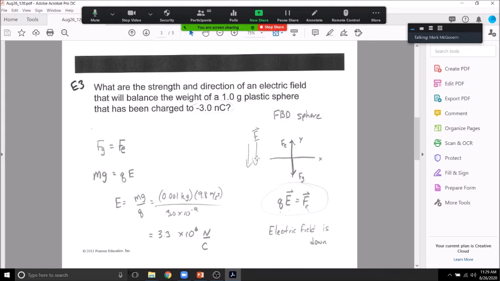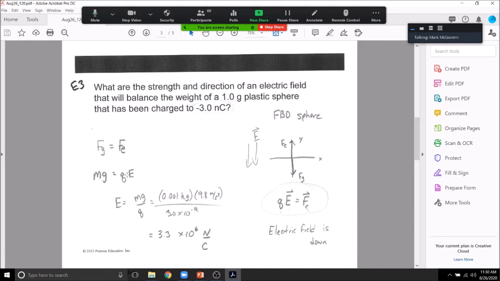And if you stick a negative charge in that field, it will experience a force that is upward. Again, it's due to the nature of the scalar multiplication here for your vector quantities. The best way to visualize that is to say, okay, I know gravity's down, and I know that the electric force has to be up, negative charge, therefore electric field needs to be down. We equate the two forces to each other.